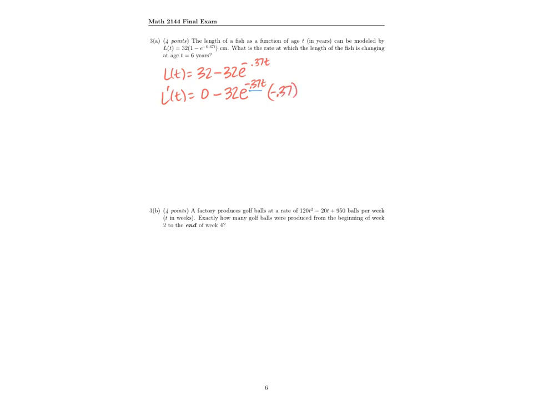And so there's my derivative function, and if I want to plug in 6 years, I'll get negative 32 e to the negative 0.37 times 6 times negative 0.37. I can just use my calculator to compute that.